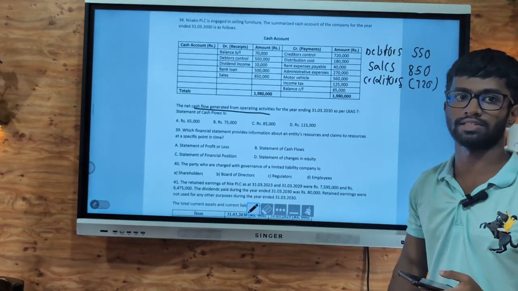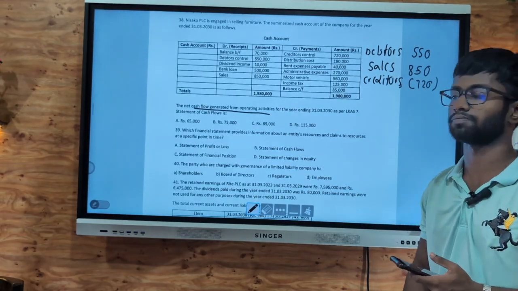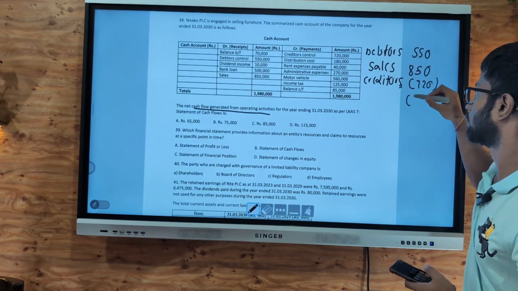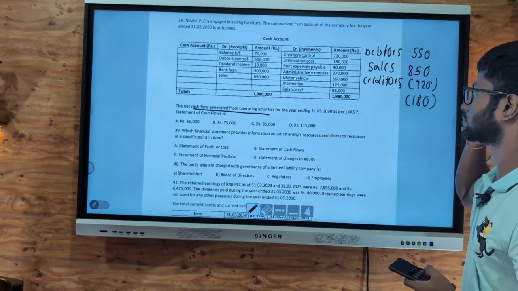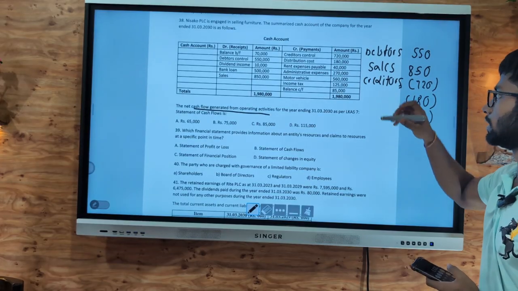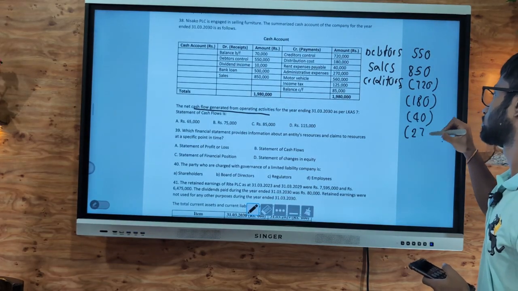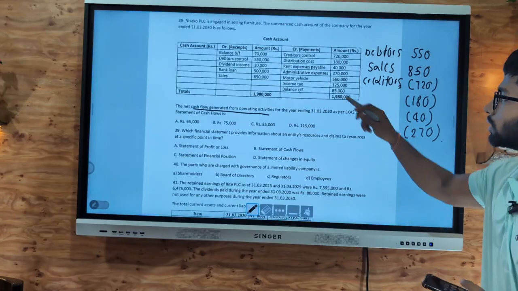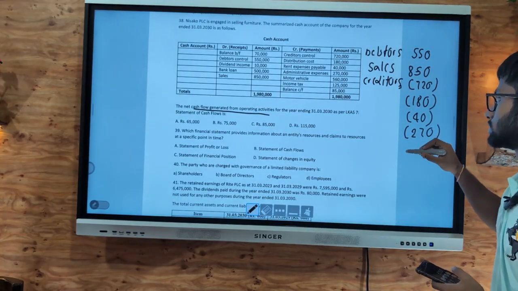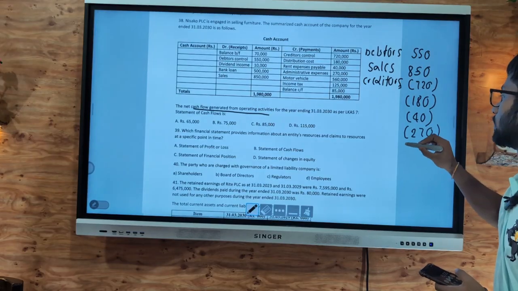Stuff that affects current assets and current liabilities, as I mentioned. Distribution you have 180. Rent also you have paid 40. Admin also you have 270. Motor vehicle is an investing activity. Income tax you can take, which is 125.